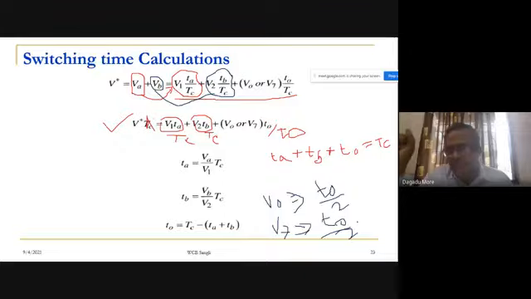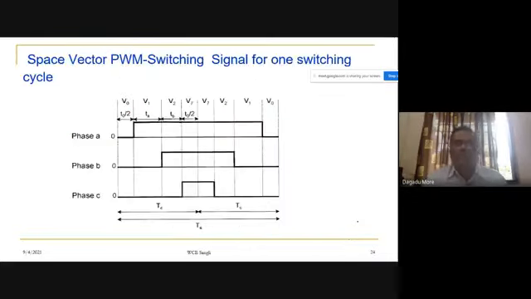First, switching state V1 for a duration equal to TA. Then switching state V2 for TB duration. Then V0 for T0 by 2, and V7 again for T0 by 2. And now this we have shown here.